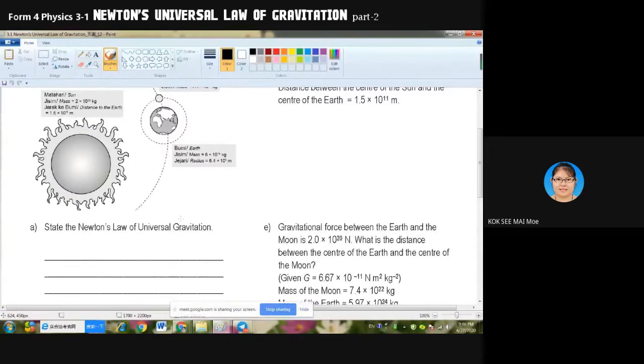Okay, the gravitational force between two bodies is directly proportional to the product of masses of both bodies and inversely proportional to the square of distance between the centers of two bodies. So this one is Newton's law of universal gravitation. Okay, so I don't need to write. You can find it from your notes, page number 2.